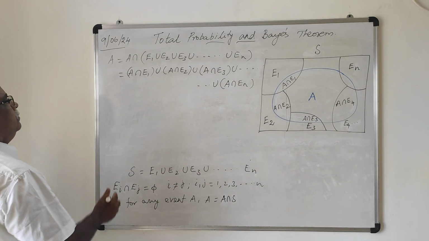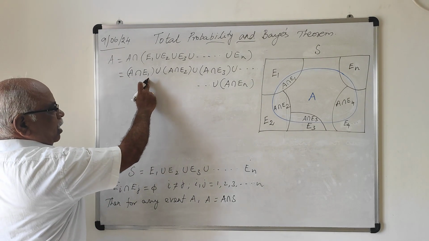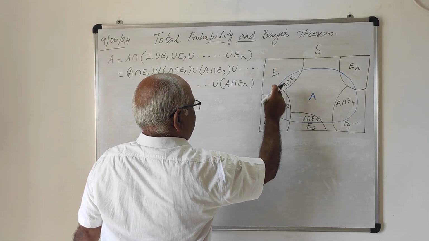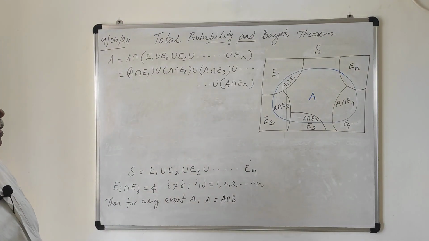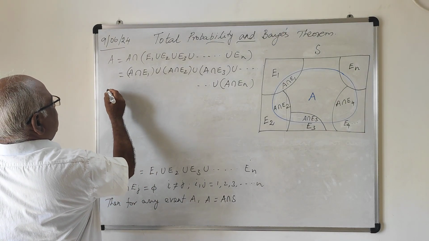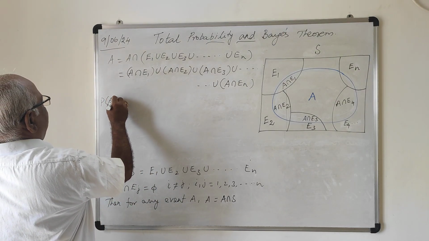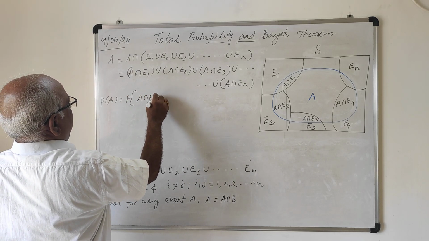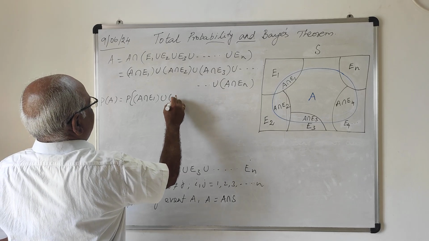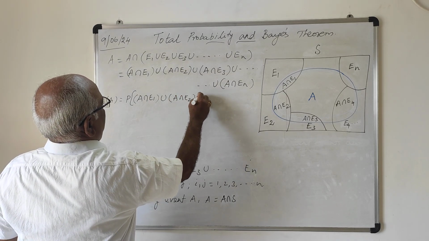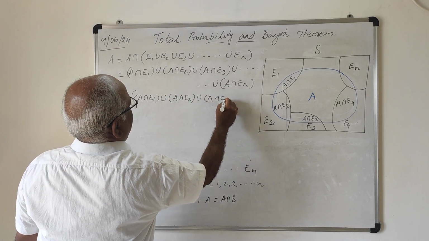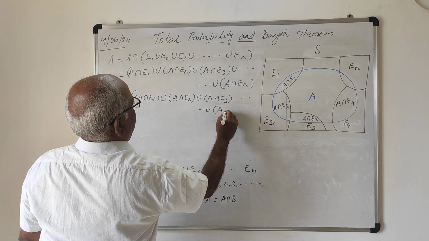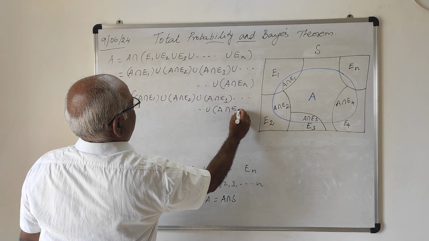Now A intersection E1 and A intersection E2 are mutually exclusive. Therefore, probability of A equals probability of A intersection E1 union A intersection E2 union A intersection E3 etc. union A intersection En.